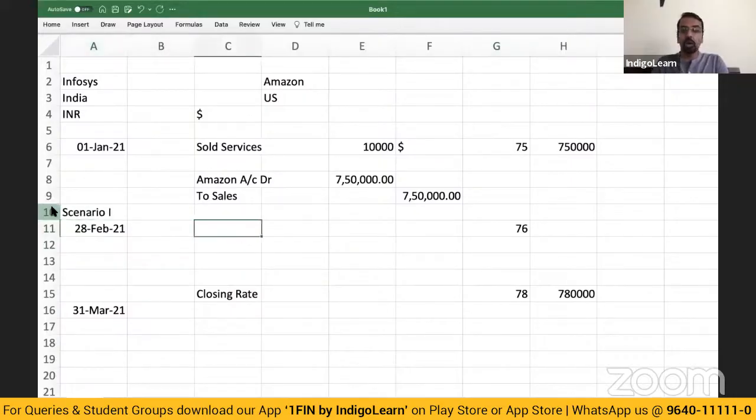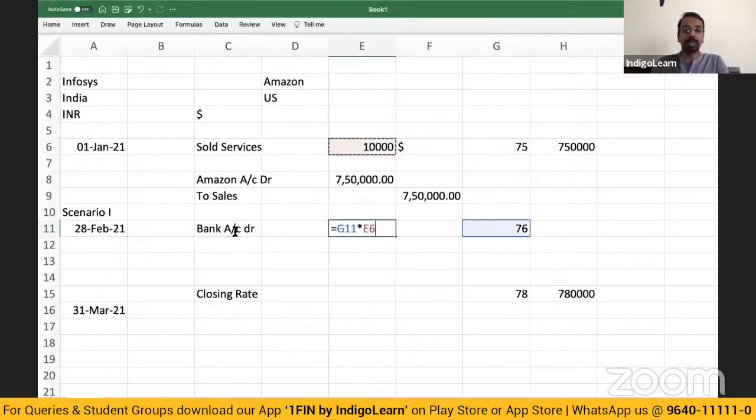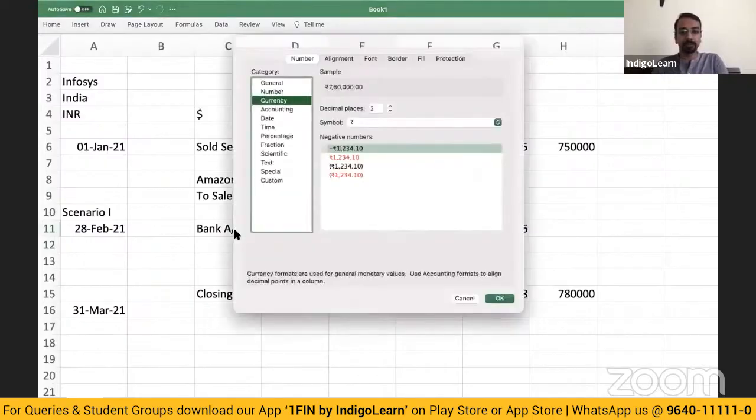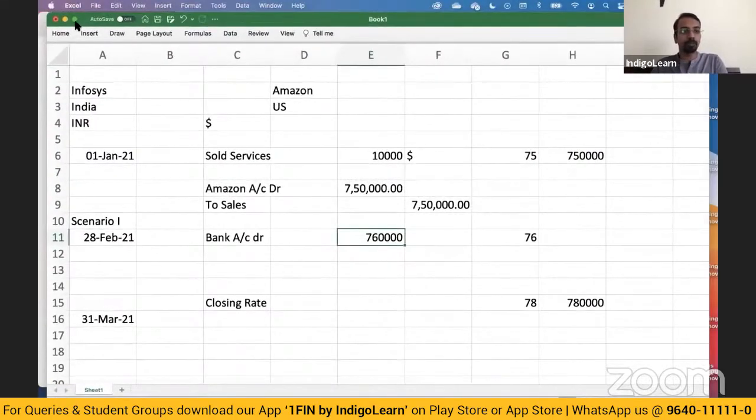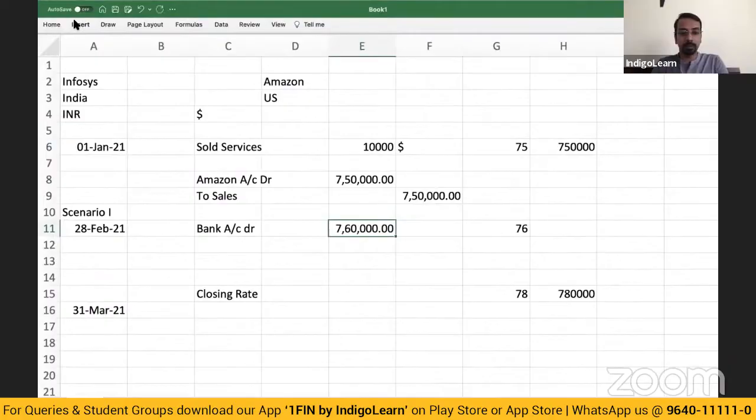In this scenario, you will receive 76 multiplied by 10,000, 7,60,000. So bank account debit will be 76 multiplied by 10,000, 7,60,000. Okay. Then to Amazon account. Amazon, the balance is 750 only.